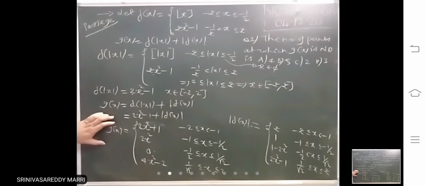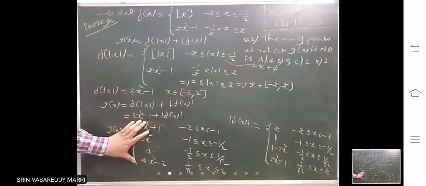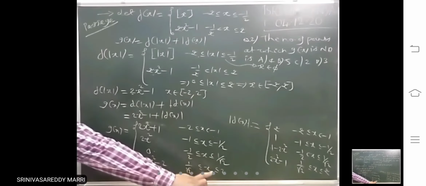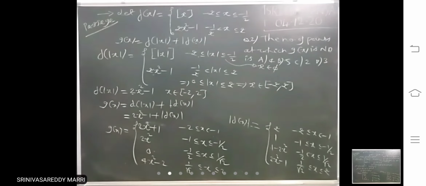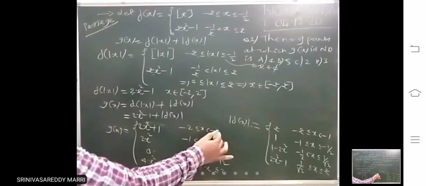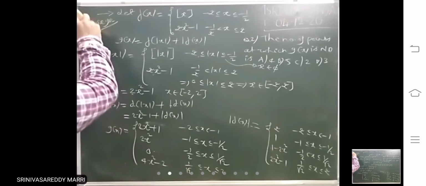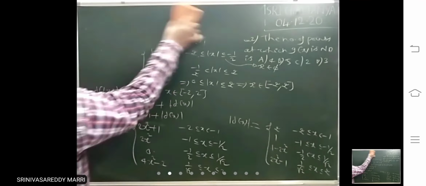Now for g of x, you got a clear definition from -2 to 2. Now you can easily check where it is not differentiable, where it is changing: -1 by 2, 1 by root 2. At those points you can easily check.